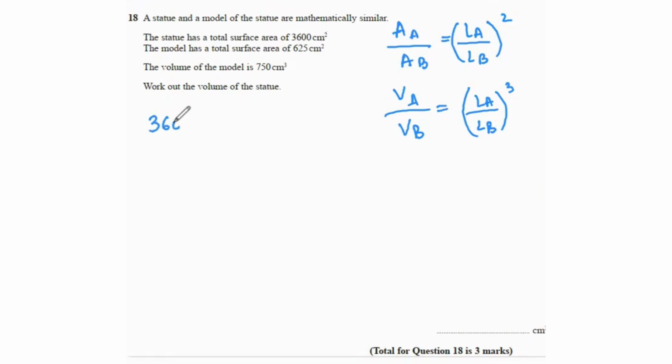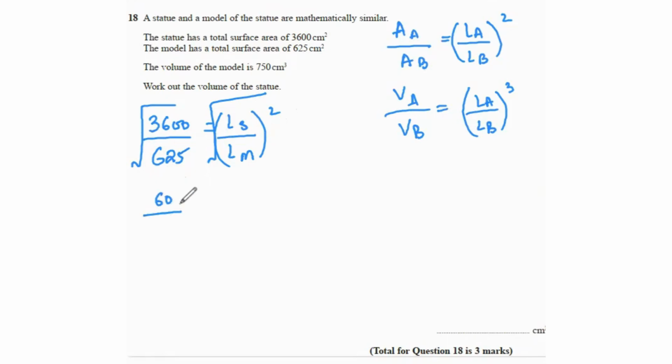So 3,600 over 625 is equal to the length of the statue divided by the length of the model squared. So to find the length of the statue and the length of the model, we will square root both sides. So 3600 becomes 60 and 625 becomes 25. That's length of the statue divided by length of the model. We can further simplify this. That's 12 over 5. So length of the statue is 12 and length of the model is 5.